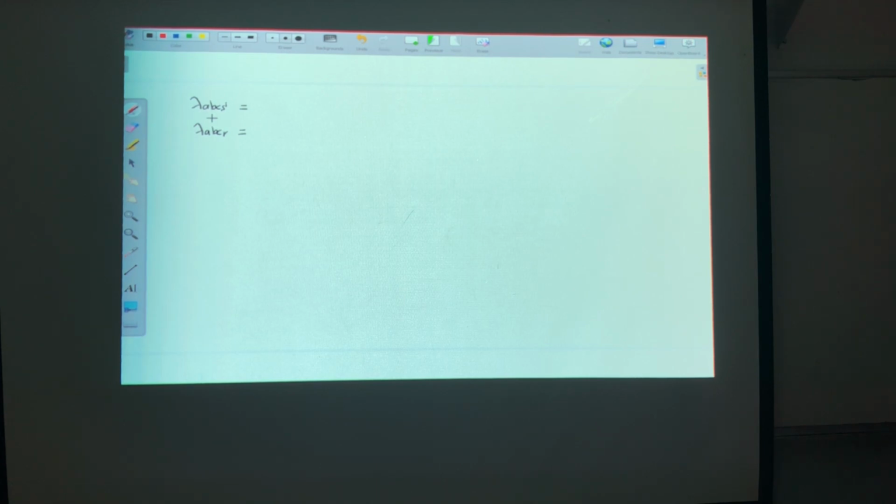Now, the flux linkage in the stator is caused by what? The flux is caused by magnetization current. So, the flux linkage in the stator will be caused either due to the current flowing in the stator or a current flowing in the rotor.